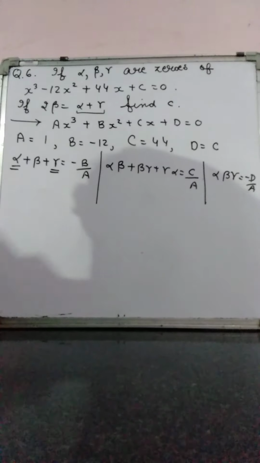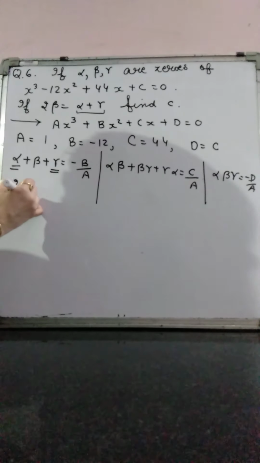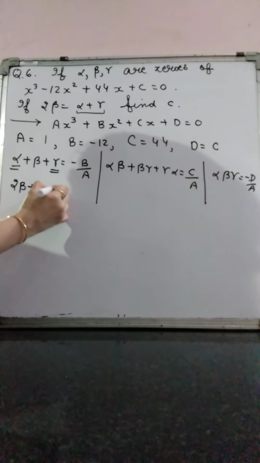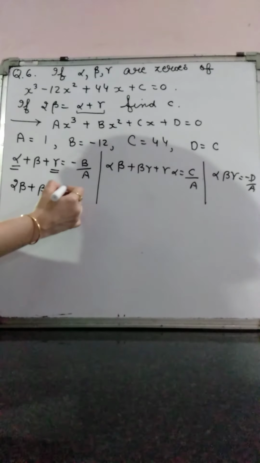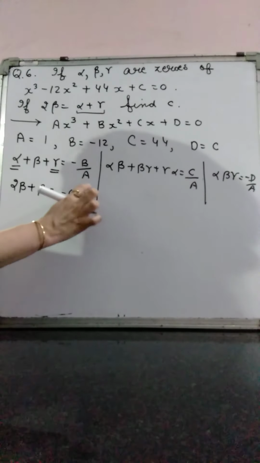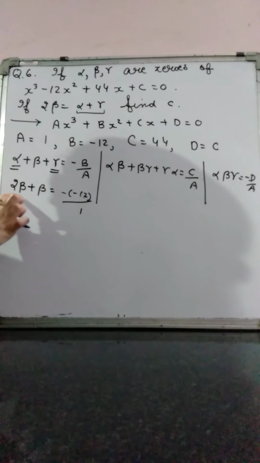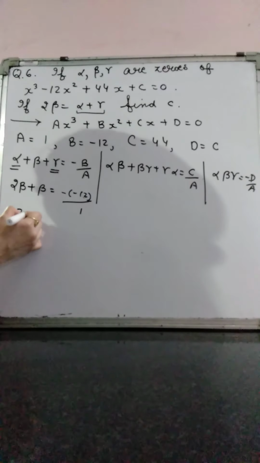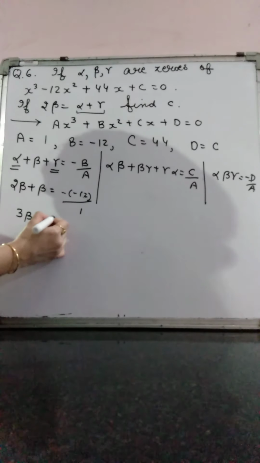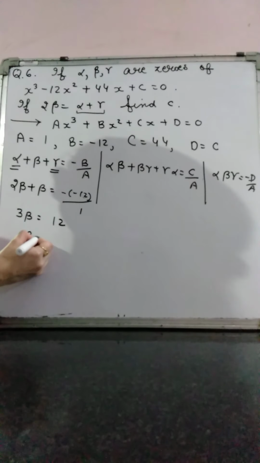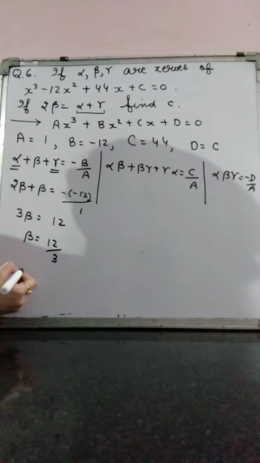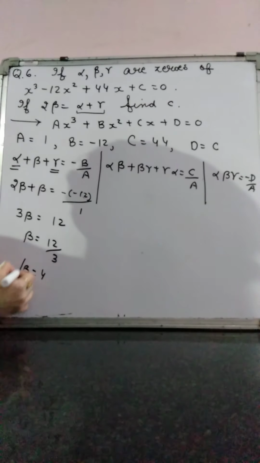For alpha plus gamma, substitute the value 2 beta, plus beta, and the value of b is minus 12 and the value of a is 1. 2 beta plus beta is 3 beta, minus and minus is plus, so the value of beta is 12 by 3, that is 4.